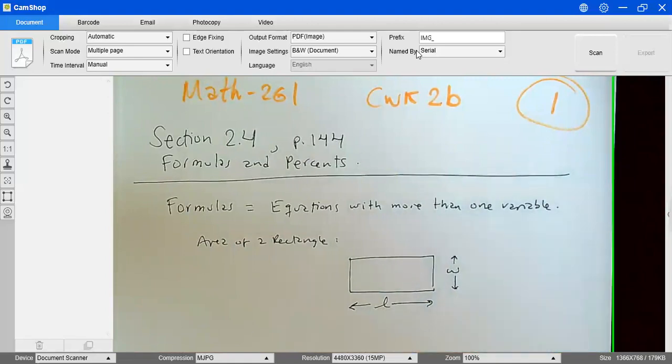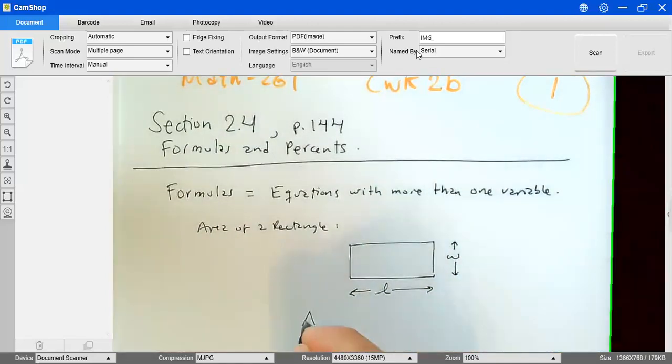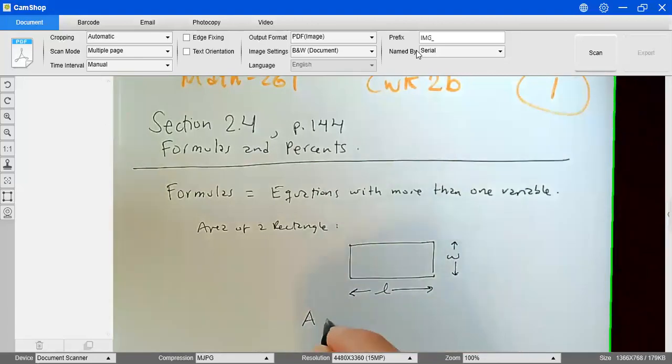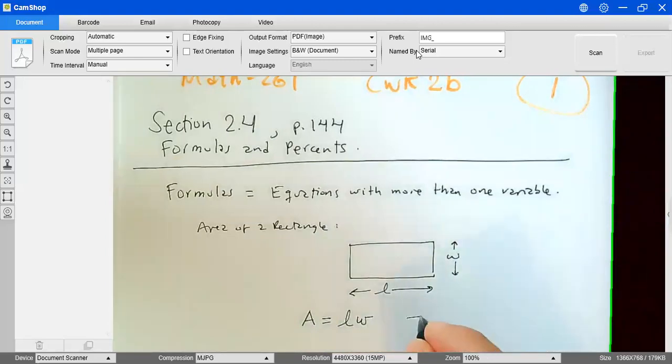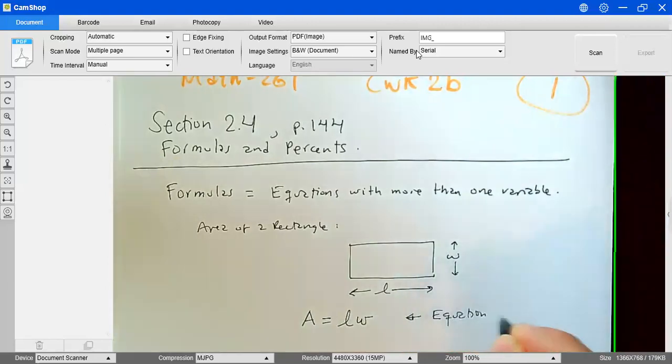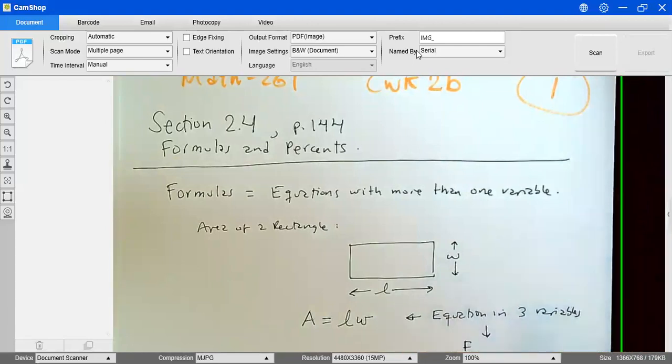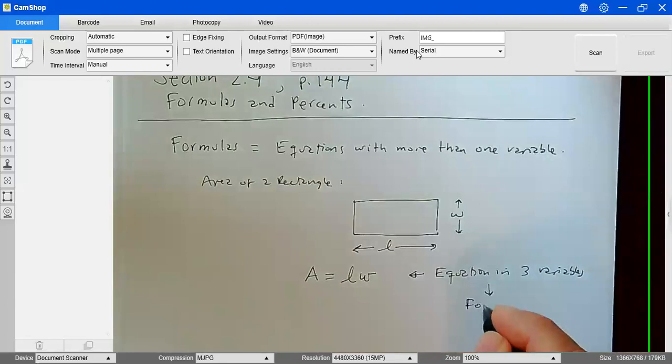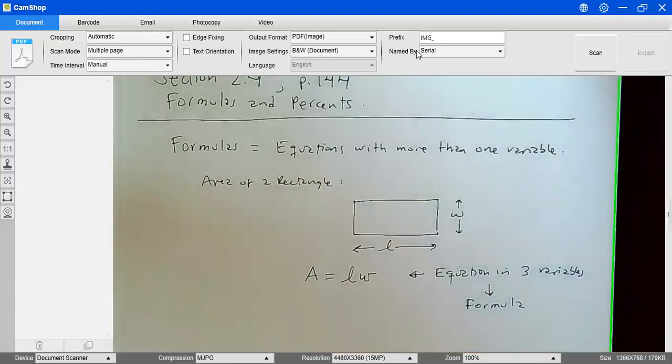You can find the area and you're going to use a capital A for area just by multiplying L and W. So this is an equation in 3 variables, and this is also a formula. So we call this a formula.